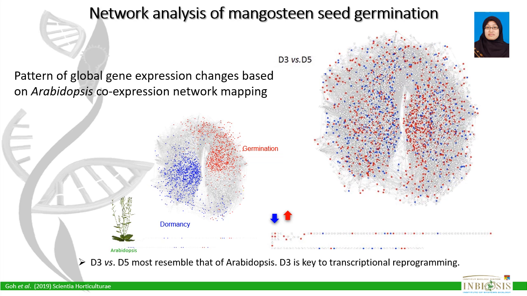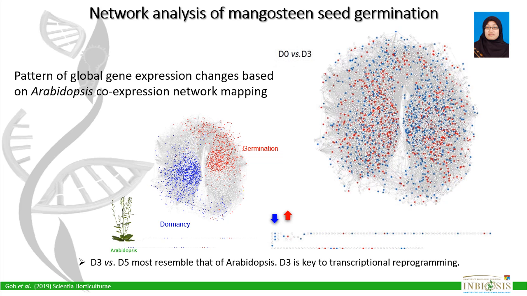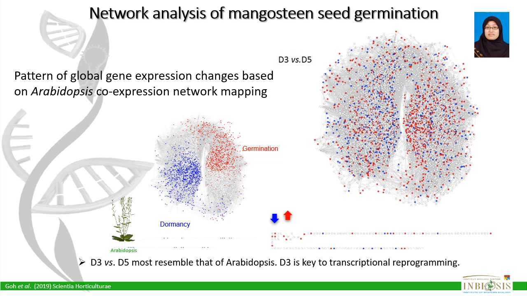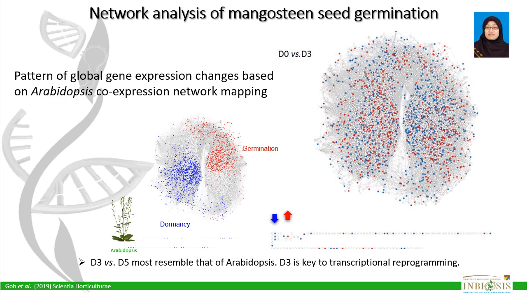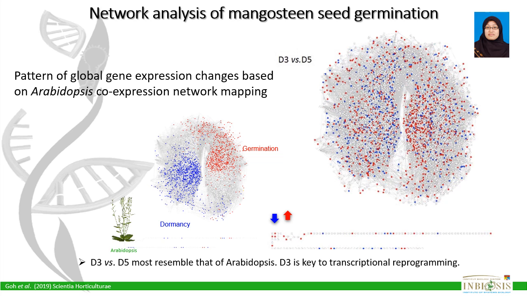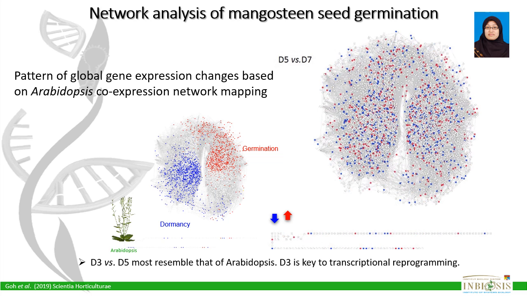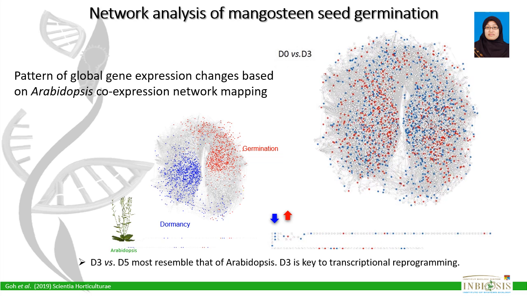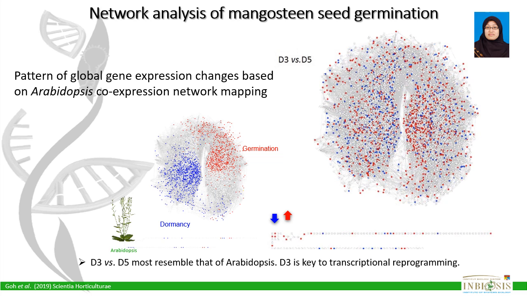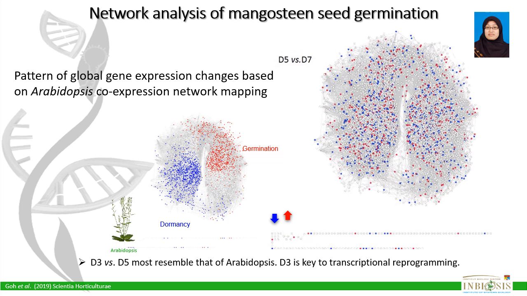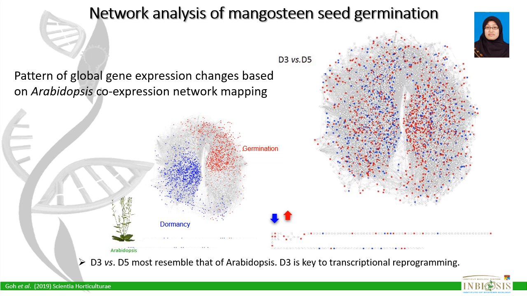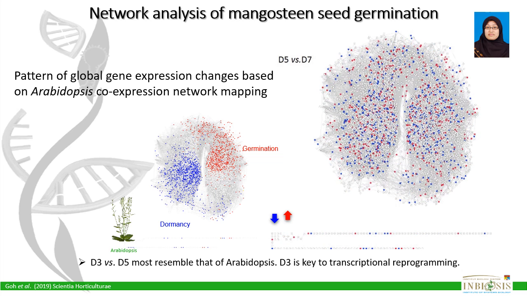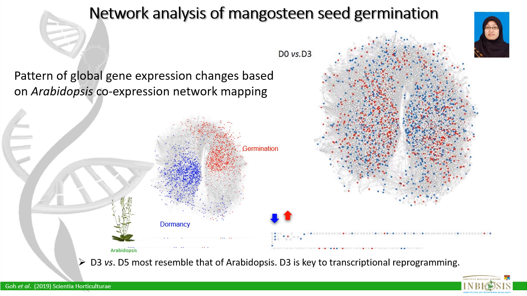In comparison, we looked at the changes from day 0 across the 4 time points, and we noticed that between 3 and 5 most resembles the pattern in dormancy germination in Arabidopsis. Which means that day 3 to 5 is the key to the seed germination of mangosteen, and this is the key time point during the transcriptional reprogramming as well.